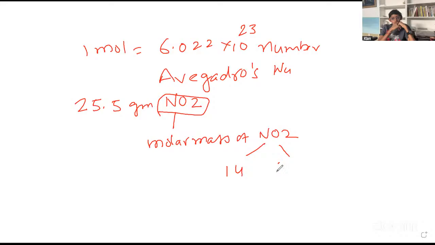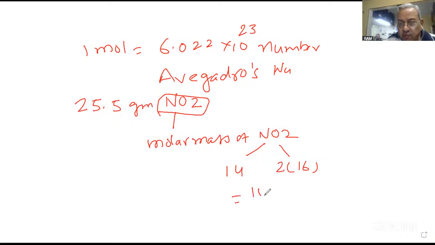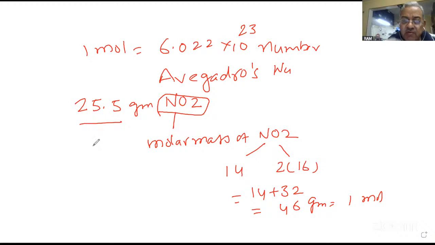Oxygen will be 2 into 16. It will be 14 plus 32, 46. 46 gram will be having 1 mole. Now, this 25.5 gram will be having how much mole? That is 25.5 divided by 46.